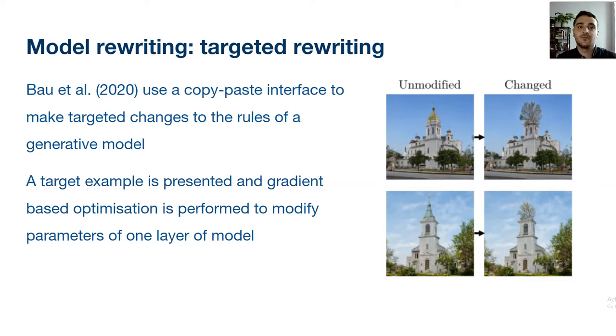Then they optimize the model using stochastic gradient descent, but they freeze all of the layers apart from one, so they're only changing one layer at a time. Once they've performed this, the model gets rewritten, and now every church tower has trees growing out of the top of it.